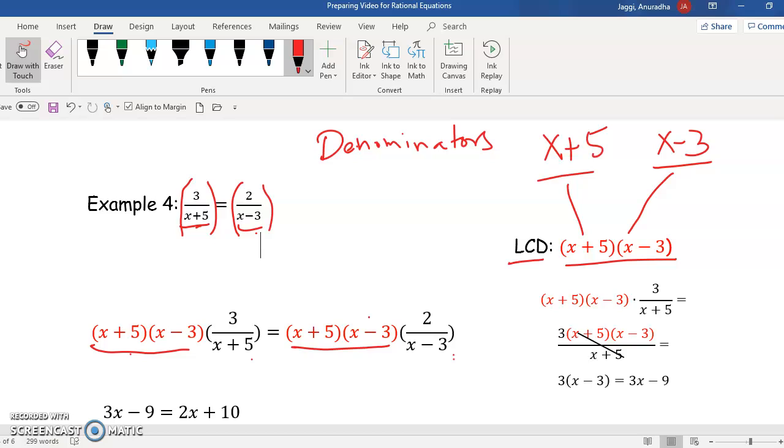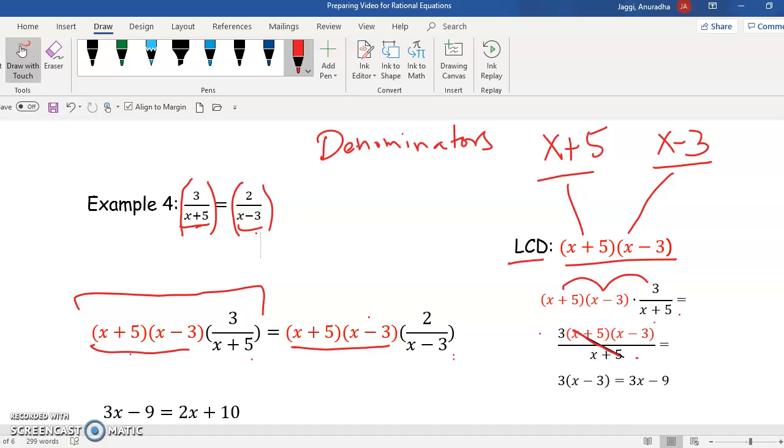So now we're going to take the left hand side and solve it. So you have x plus 5 times x minus 3 times 3 in the numerator. So you're going to write the numerator like that, and then you have only x plus 5 in the denominator. Now you have a common factor in the numerator and the denominator, and you're going to cancel that common factor.